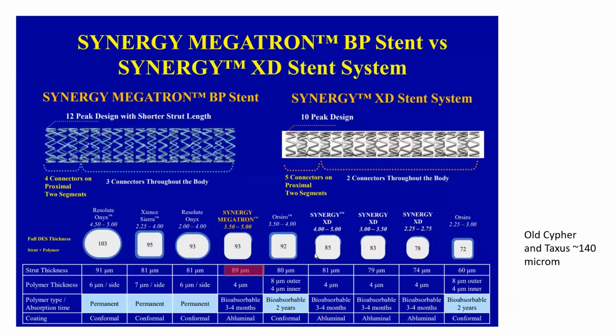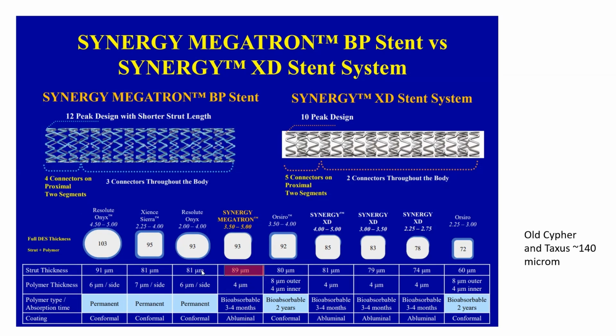This is just a slide to show you current stents. The old drug-eluting stent and bare metal stent were in the range of 140 micron in terms of strut thickness. Current generations, you need to know those numbers, by the way, if you're an interventionalist, tend to be in the 80s micrometers, so much thinner struts and better design overall.